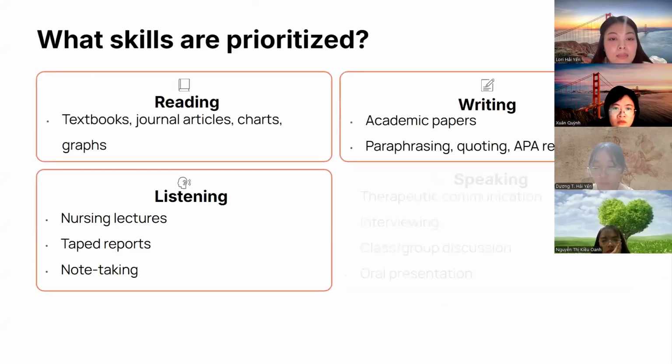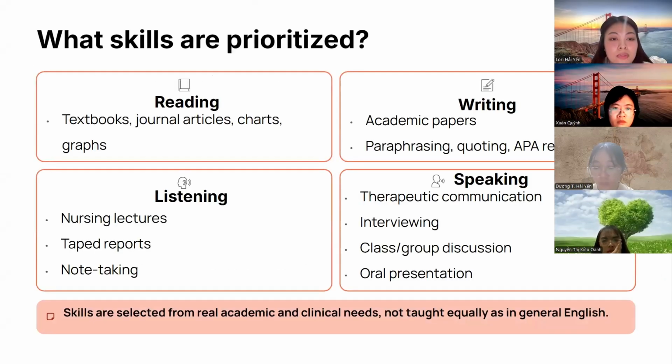Next, about the skills. The course shows clearly what skills are prioritized for specific purposes. First, reading is important because students need to read textbooks, journal articles, charts, and graphs. Then writing is also essential because they have to produce academic papers and use skills such as paraphrasing, quoting, and APA referencing.